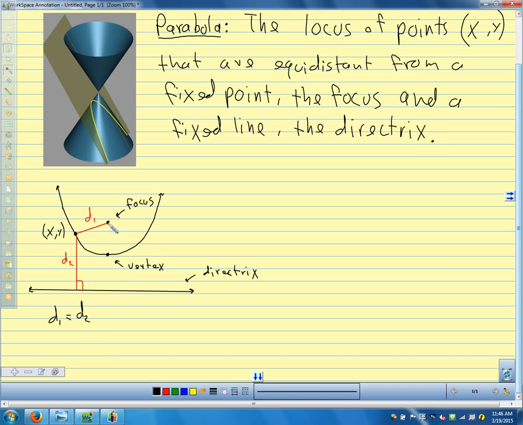And we'll talk about a couple of special things about the focus and about the directrix as we go on. This is going to let us do a couple of nice things. We'll be able to talk about parabolas that open up and open down. We'll also be able to work nicely with parabolas that open left and parabolas that open right. So that's one nice thing about working with parabolas this way.